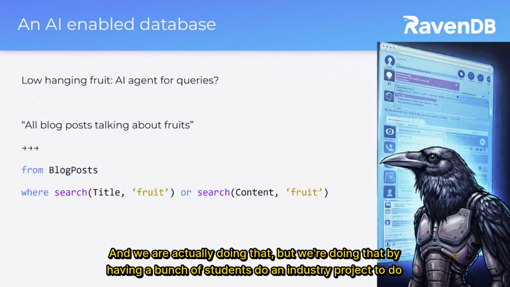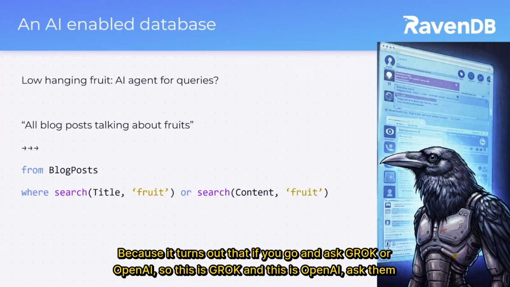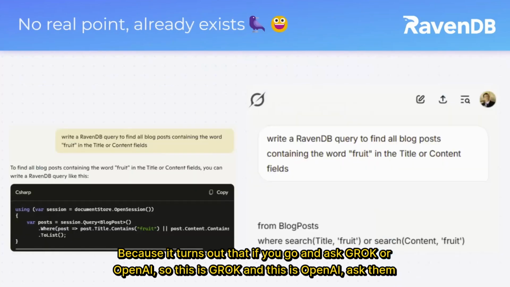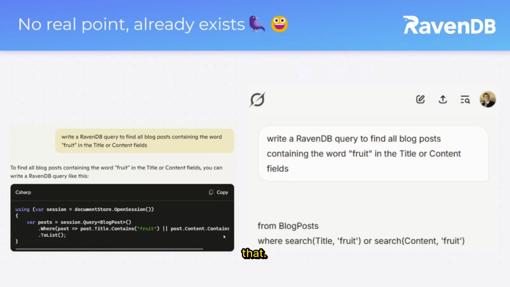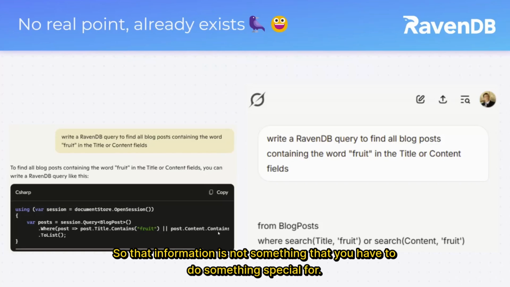And we are actually doing that, but we're doing it by having a bunch of students do an in-industry project for it. Because it turns out that if you ask Grok or OpenAI, this is Grok and this is OpenAI, they already know this. That information is not something you have to do something special for. It's already out there.